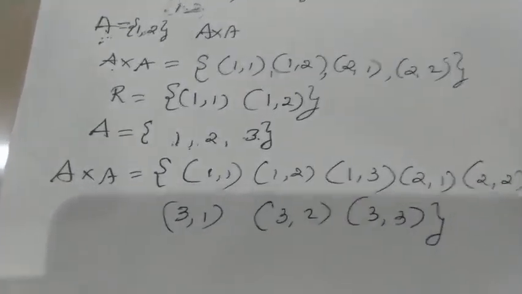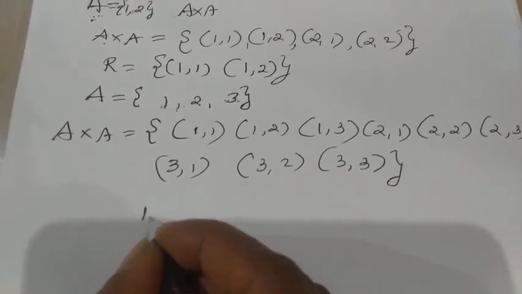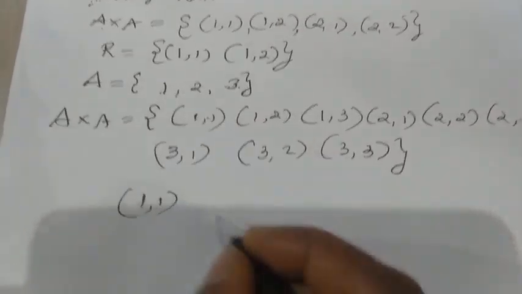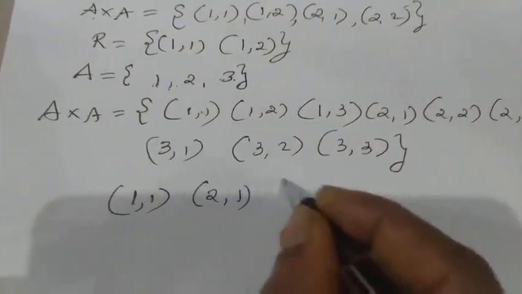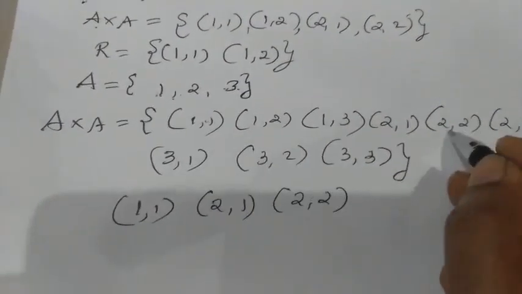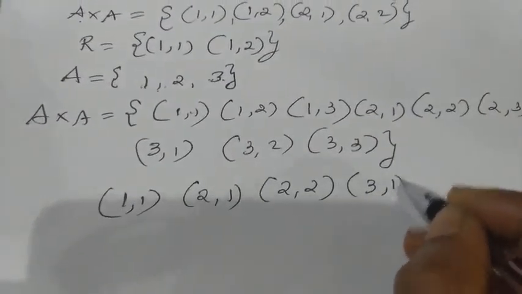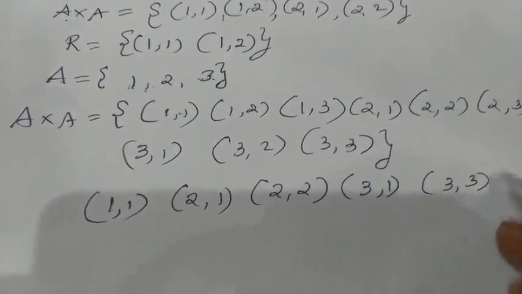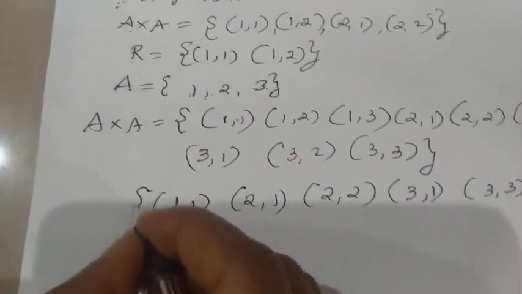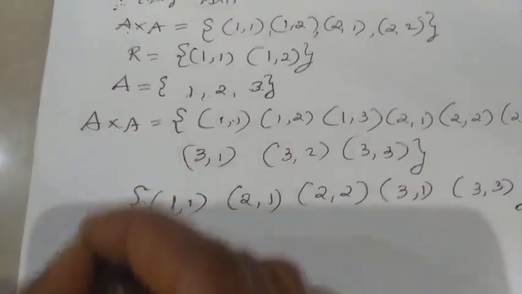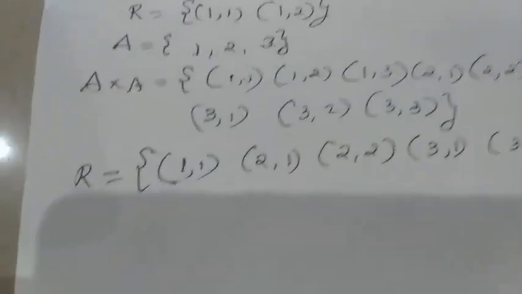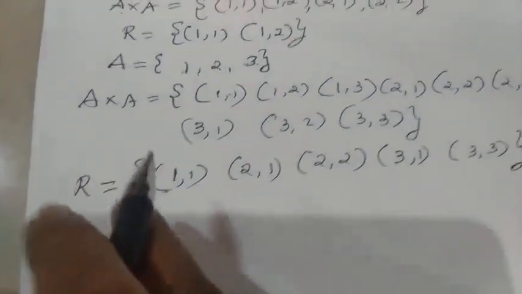This is set A cross A. Now, I will write one subset like this: 1, 1; 2, 1; 2, 2; 3, 1; 3, 3. This is one subset of A cross A and this is called a relation. It is a relation in a set A.